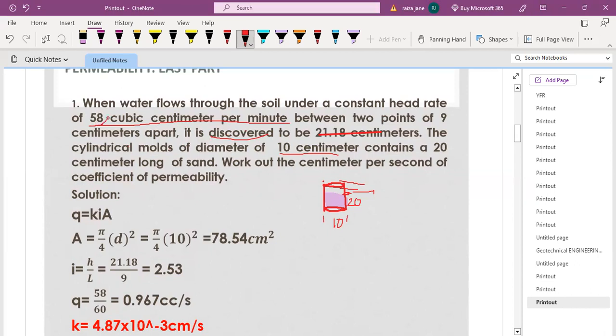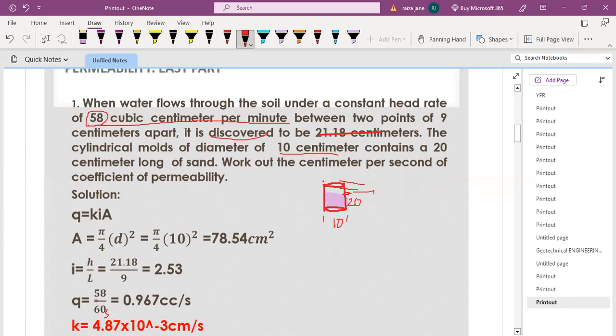So, para maging per second yan, we can divide it by 60 seconds. Diba? In 1 minute, we have 60 seconds. Then 58 divided by 60 is equal to 0.967 cubic centimeter per second.